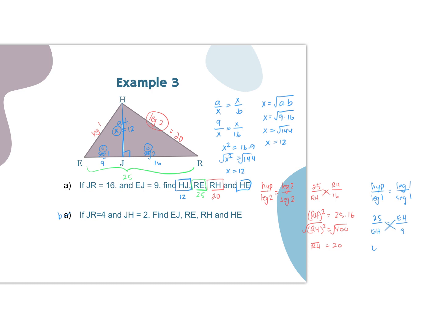So I'm going to get EH squared equals 9 times 25. EH squared equals 225. And I know that EH is going to equal the square root of 225, which means EH equals 15. And so EH or HE equals 15 units.